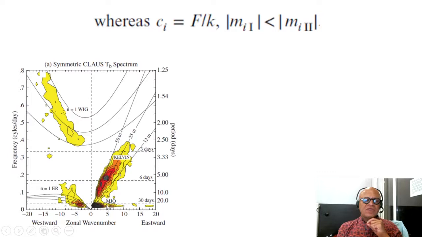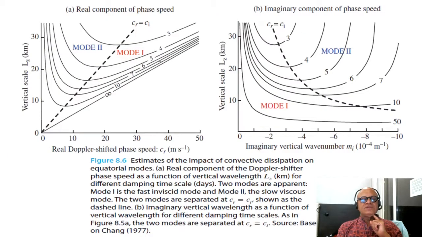MJO was down here, so we have to look at that again. But we can, in the meantime, look at estimates of the impact of convective dissipation on equatorial modes with various damping timescales going from 3 days to 10 days out to infinity. The main thing you see, and this one is plotting imaginary vertical wave number versus the vertical scale height.